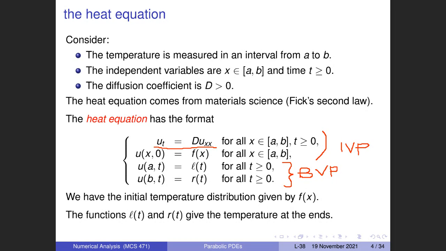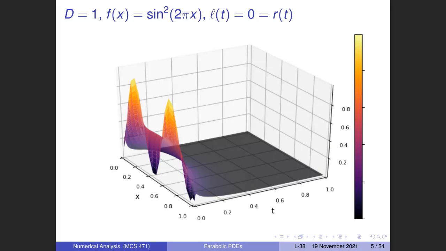So this is a two-dimensional problem. Here's our running example. Recognize here the space. So we have the plane, we have x from 0 to 1, and then we have time coming from 0 to 1 as well.